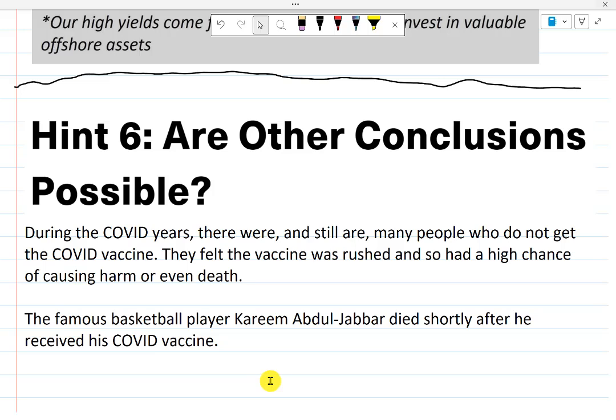Now, I am not speaking in this case of people that don't take vaccines at all. There are many people who have no problem with long-standing vaccines, but they had an issue with this particular one because they thought it was rushed to market. They didn't think they did enough research. I don't know, not enough people were tested. I'm not exactly sure.